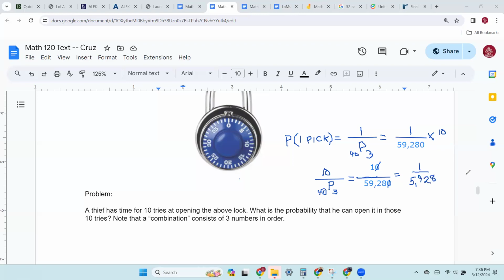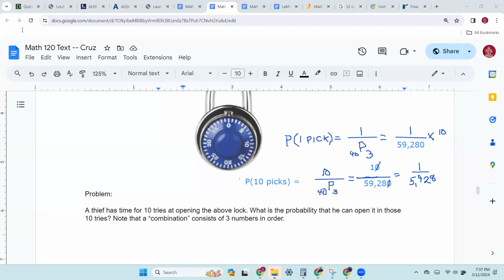So now with 10 picks, it's 1 over 5,928 now.